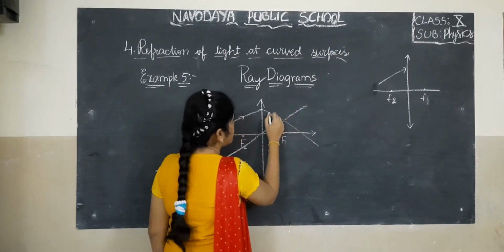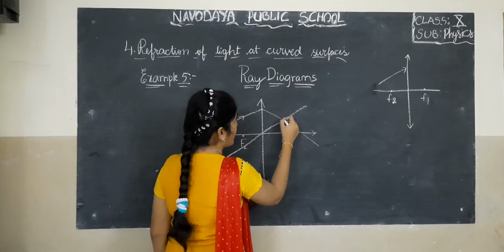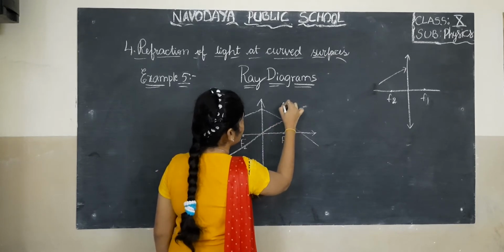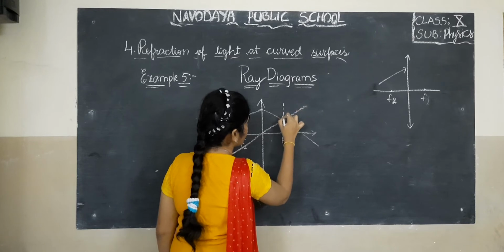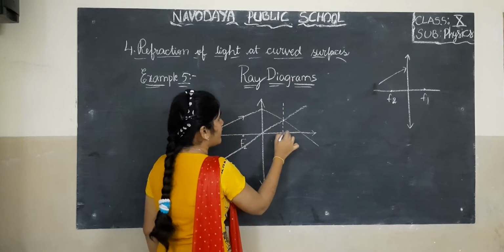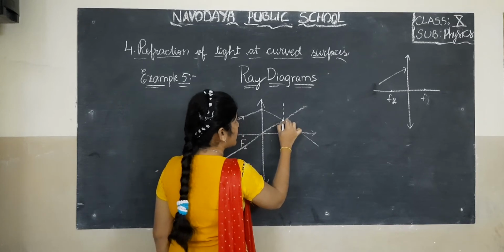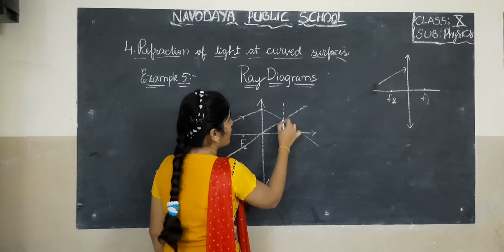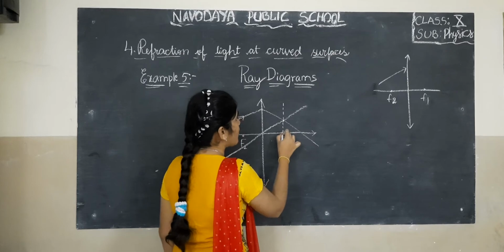Now this first and second light ray intersect at a point. Now we have to draw the normal from the point. The normal meets on the F1. The length between the intersected point and F1 is the size of the object.